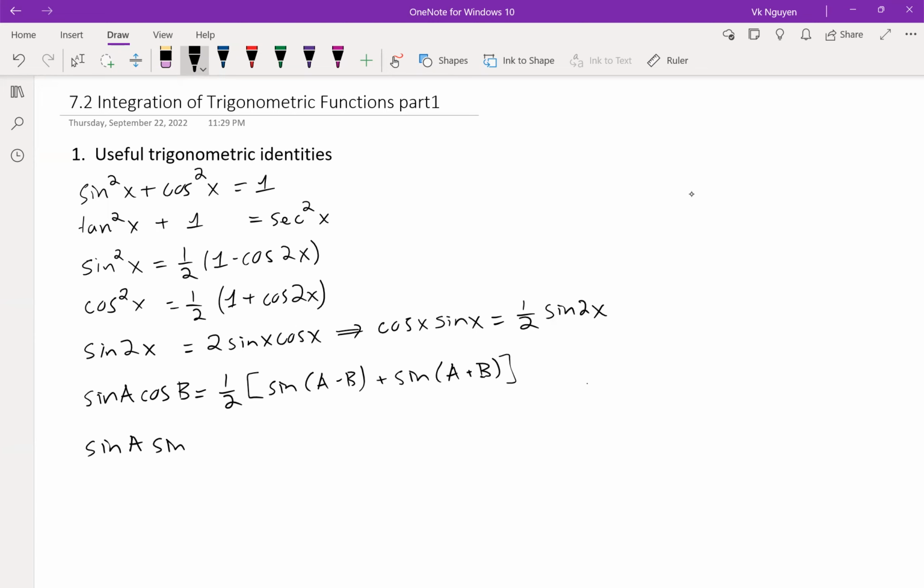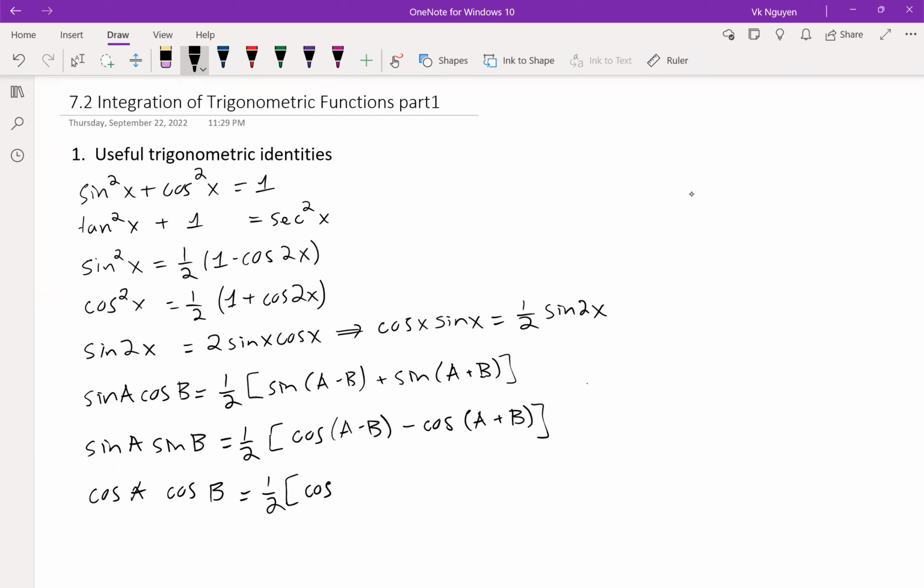Sine A sine B is half of cosine (A minus B) minus cosine (A plus B). Cosine A cosine B is half of cosine (A minus B) plus cosine (A plus B). These are useful identities in the examples that we're going to do next.